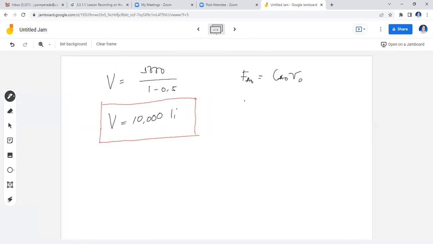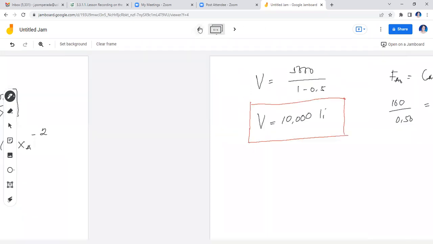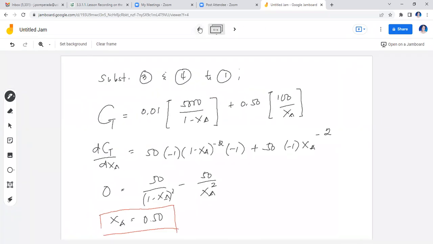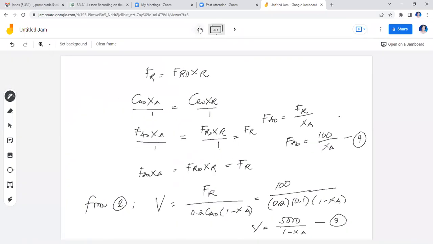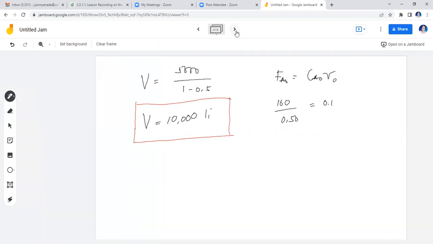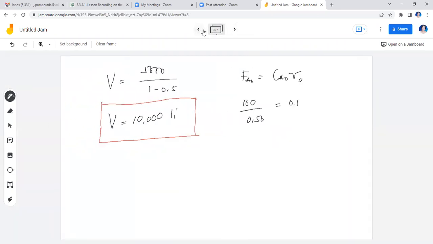So I'll have here 100 over XA, which is 0.5, is equal to 0.1 for CAO, yes, 0.1, times v sub O here.